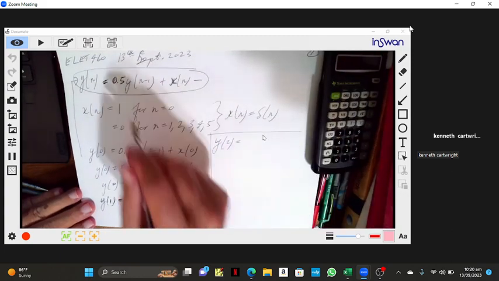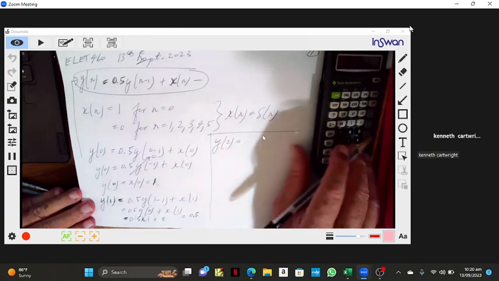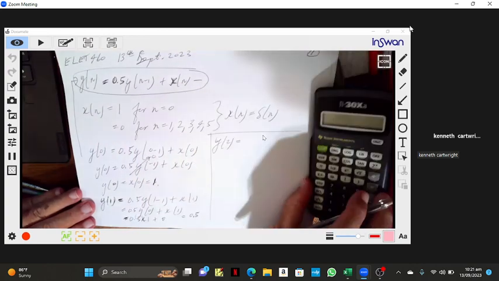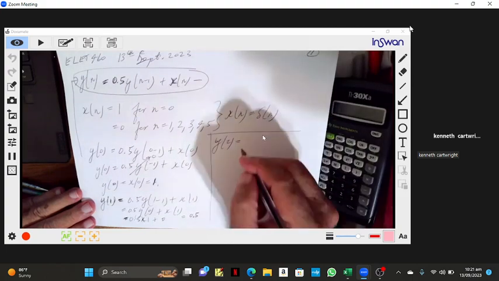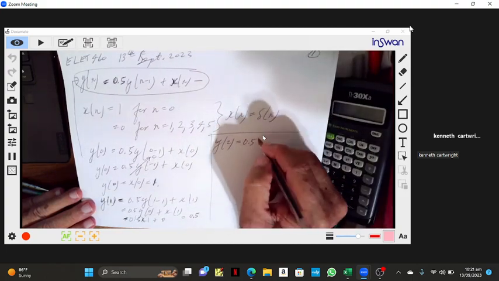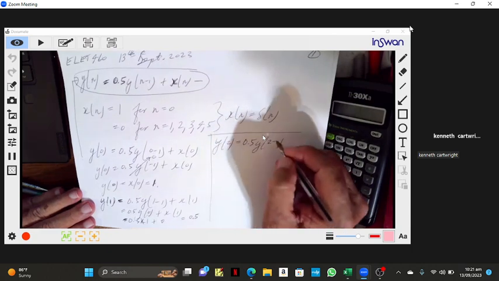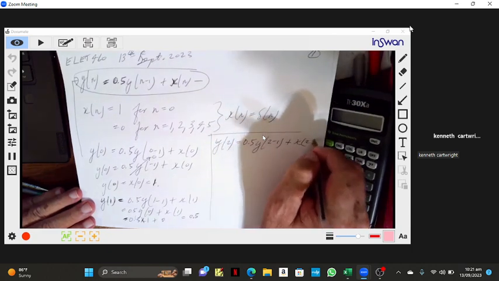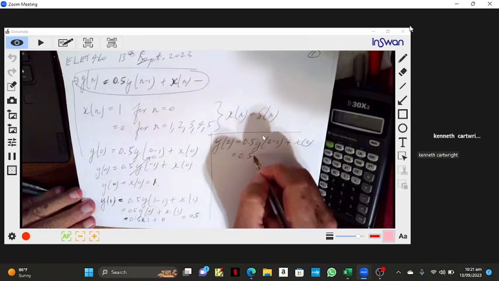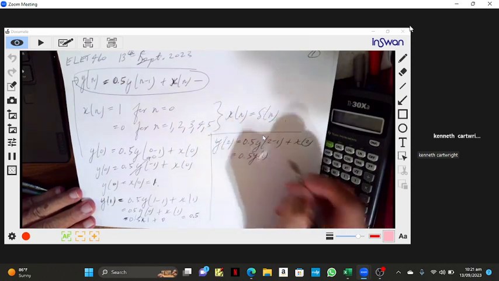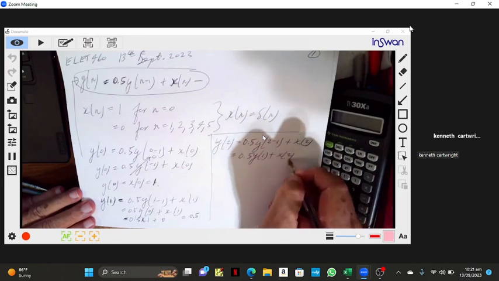Again, we go back to the equation, where we see n and we put 2. That's 0.5 times y of 2 minus 1 plus x of 2. So y of 2 is 0.5 times y of 1 plus x of 2.